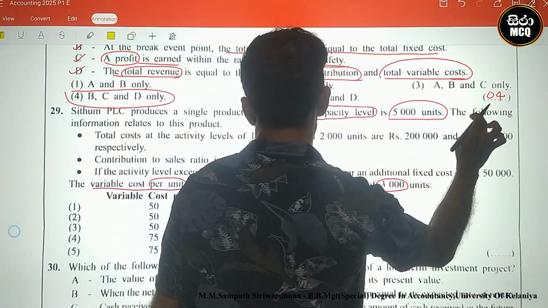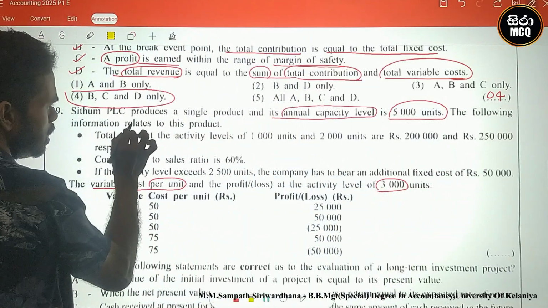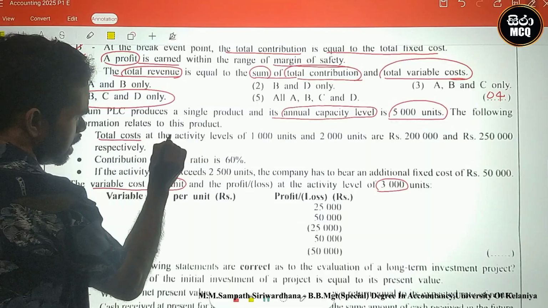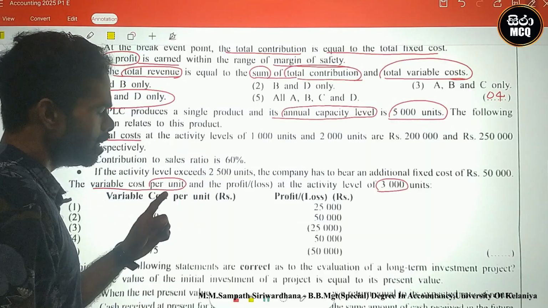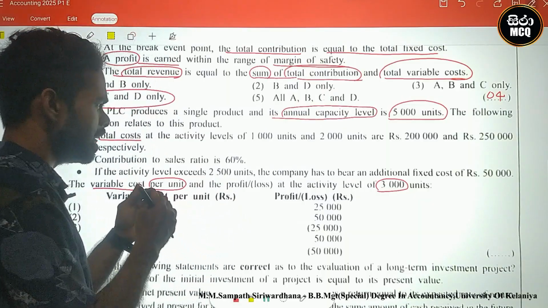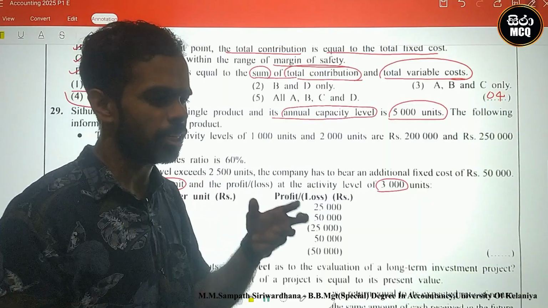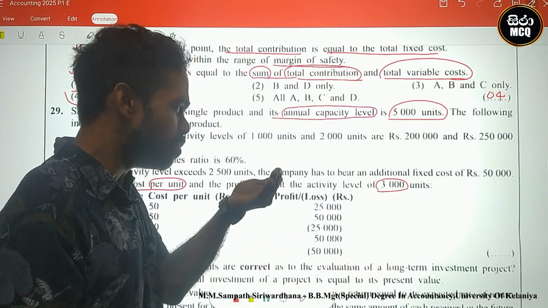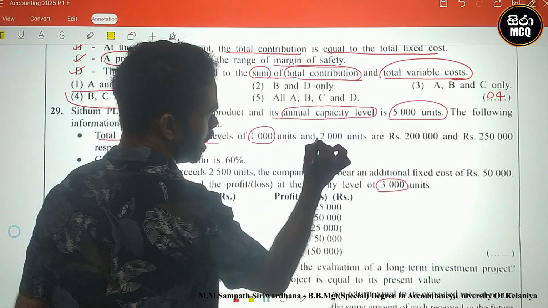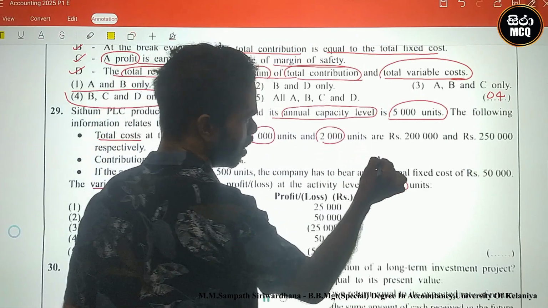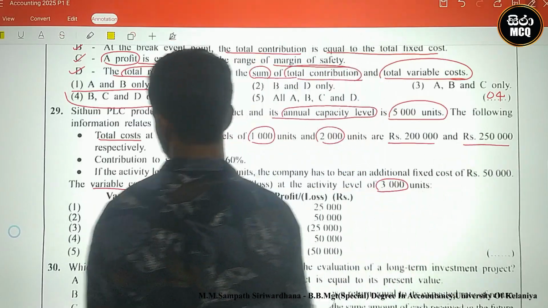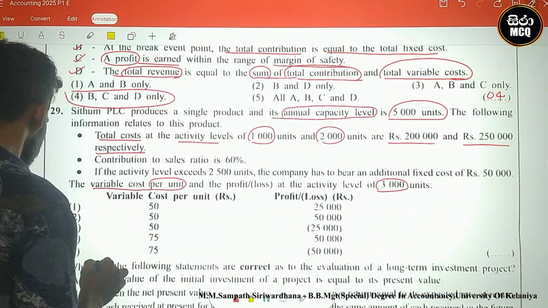The following information relates to this product: total cost at the activity levels. Activity levels means production units. Activity levels of 1000 units and 2000 units have total costs of 200,000 and 250,000 respectively.